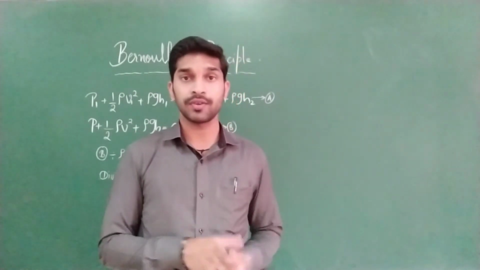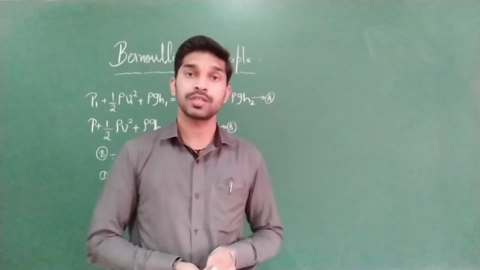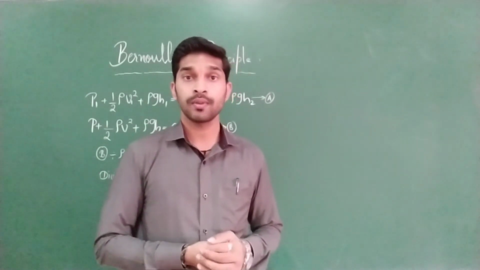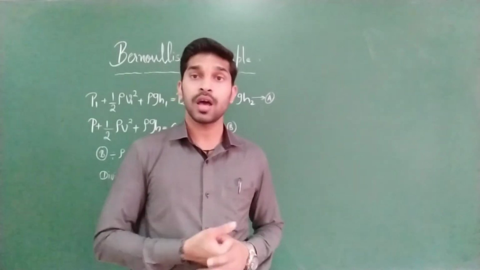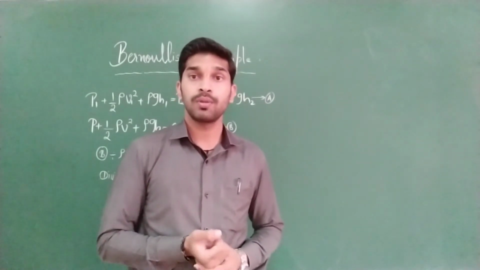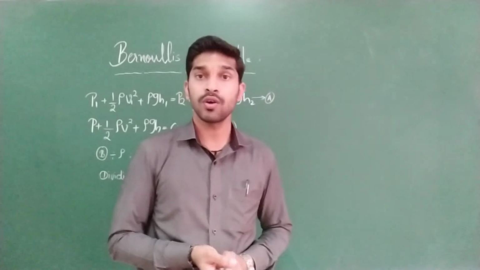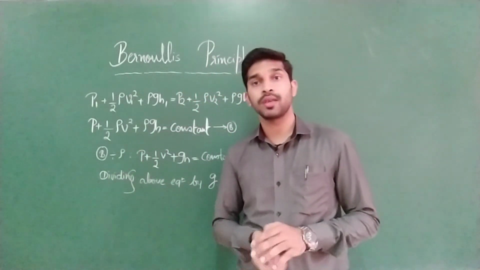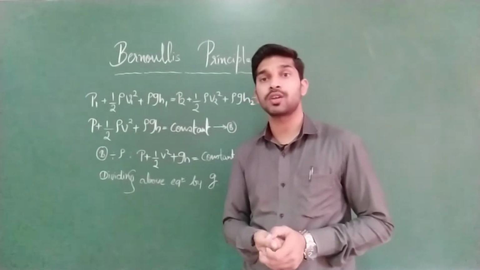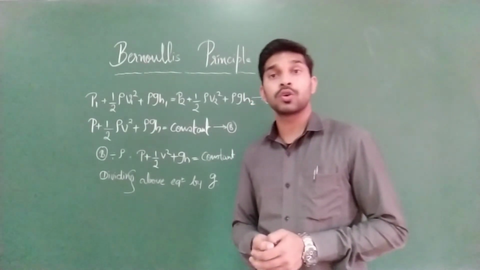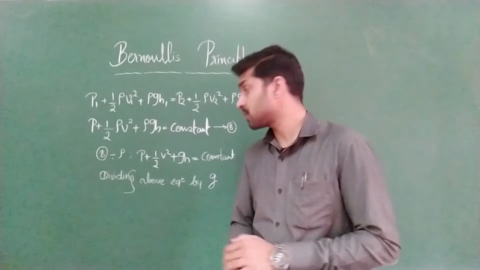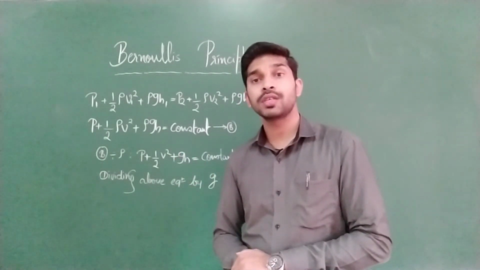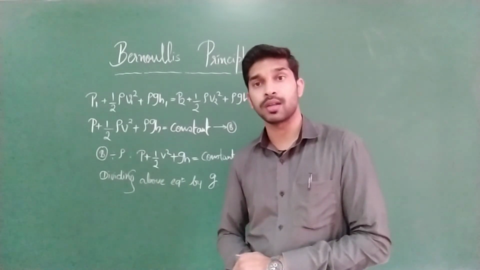And the next equation we wrote, by removing the subscripts 1 and 2, was P plus half rho V square plus rho GH is equal to constant. For equation B, I had divided by rho. So when you divide by rho, you get one equation. This is also an equation of Bernoulli's principle.